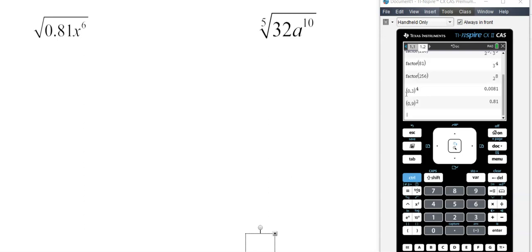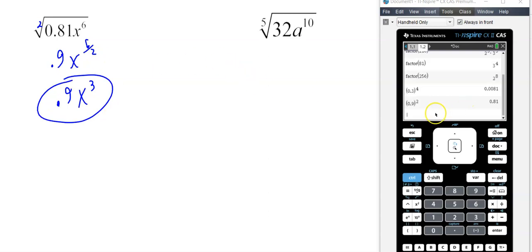I mean, you knew that one before I did anything in the calculator. So the square root of 0.81 is 0.9, and it's going to be positive. So 0.9 times x to the what fractional power here? Again, this is the second root or square root. So this would be 6 over 2 power. So this is 0.9 times x to the third.